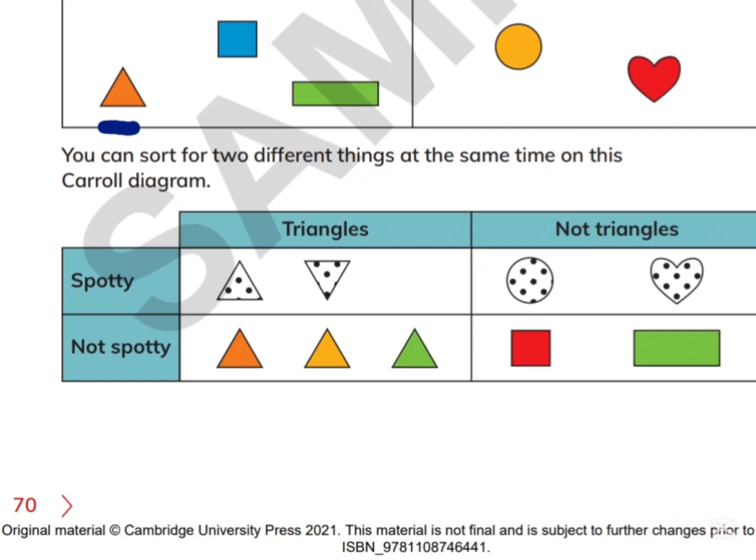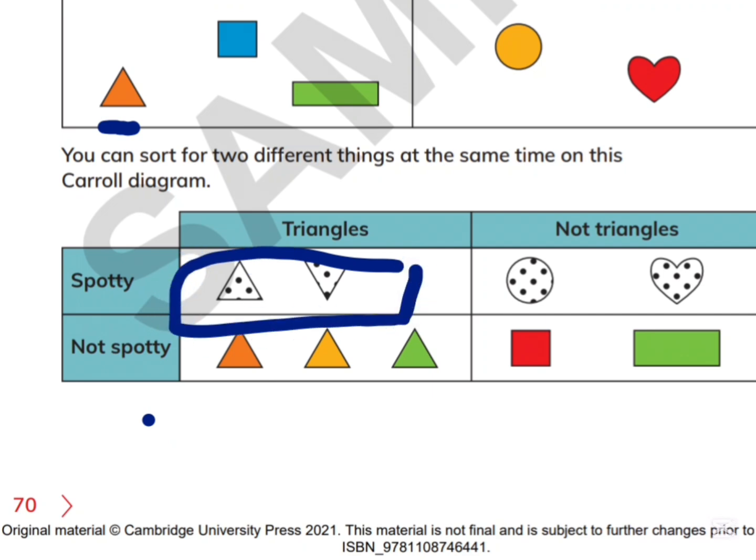Now you can sort two different things at the same time in this Carroll diagram: triangle and spotty, non-triangle and spotty, and non-spotty. Here, any shape must be a triangle and it must have spots on it.